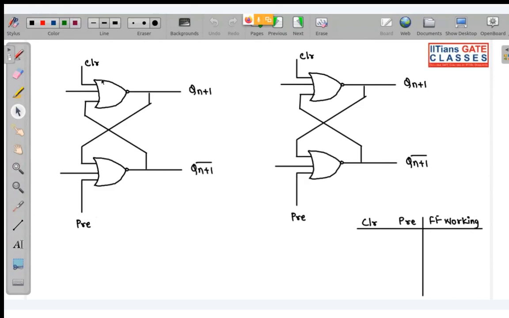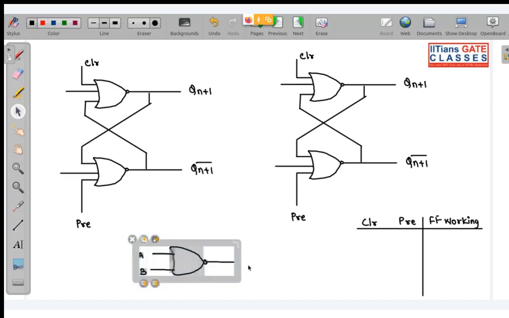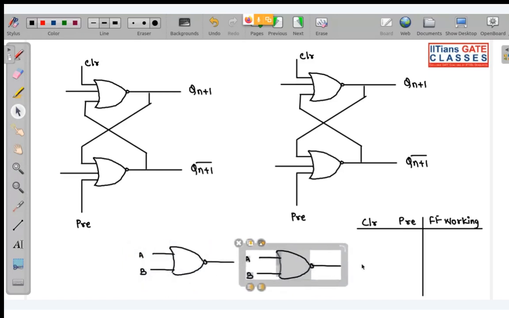First, let us understand. If you remember, we have the NOR gate. I have told you that the NOR gate is basically A plus B whole complement.